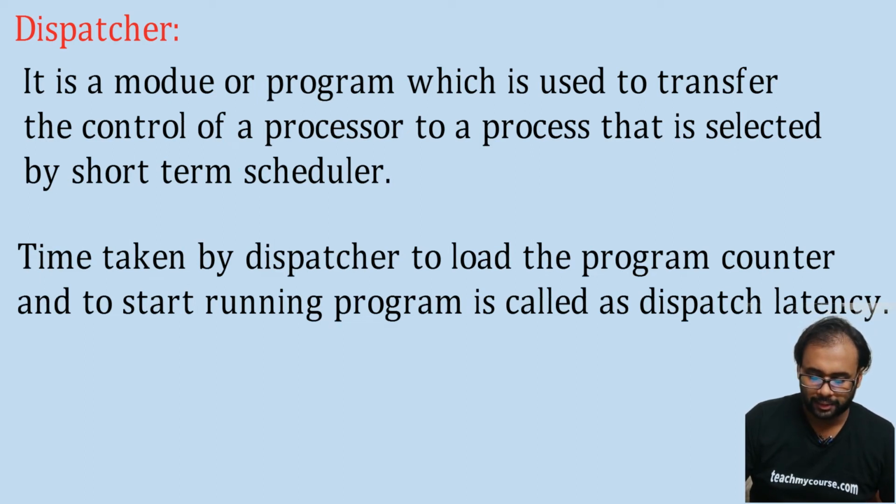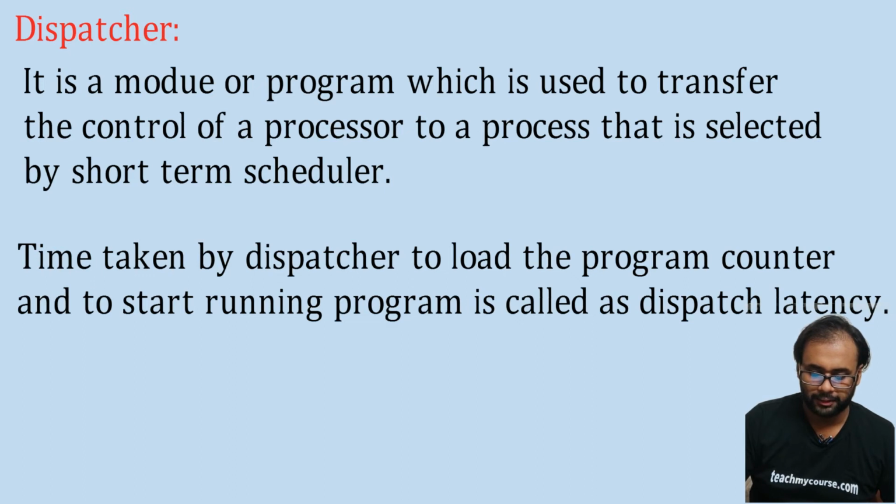The time taken by the dispatcher to load the program counter and to start running the program is called dispatch latency. When the dispatcher transfers the control of the CPU, it loads the program counter with the state of the process.